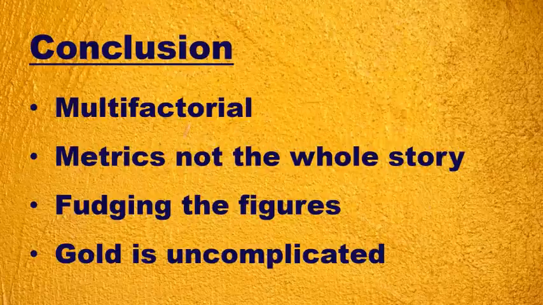For example, although the official inflation rate in Lebanon is quoted to be around 150%, I've heard that food prices increased by as much as 400%. So figures and metrics can be fudged in a variety of ways. And so analysing this stuff can get very complicated, and it's very easy to be misled. In many ways, gold overcomes all of these issues and complications.